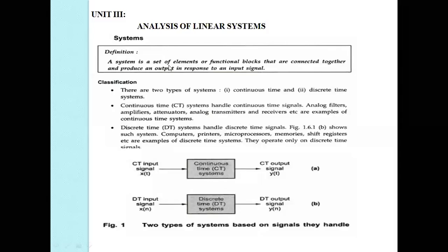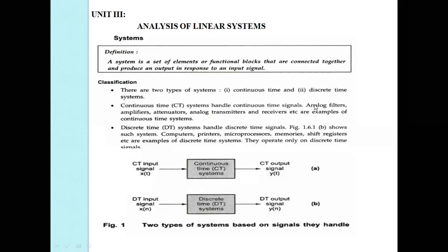The system is said to be a set of elements or functional blocks that are connected together and produce an output in response to the input signal. The system is of two types: continuous time system and discrete time system. Continuous time systems handle continuous time signals.